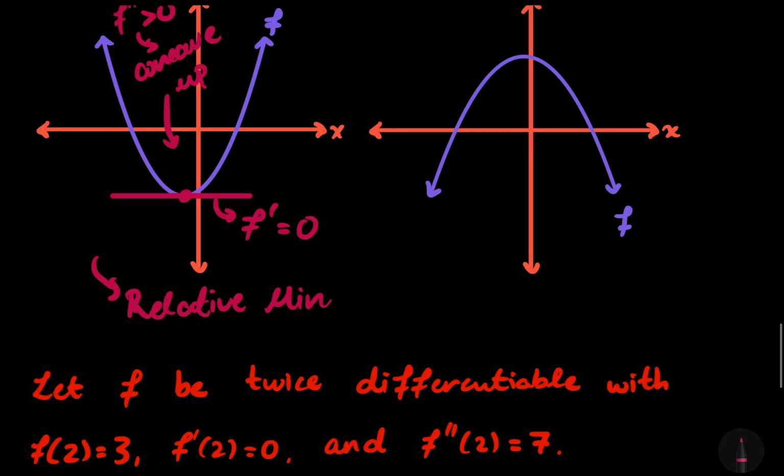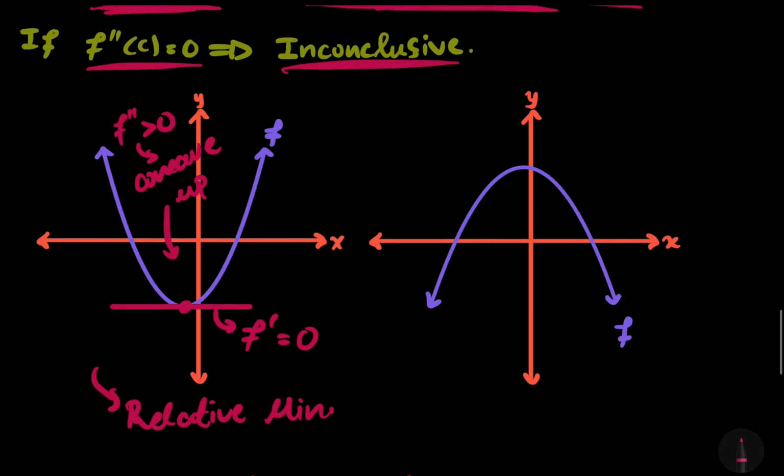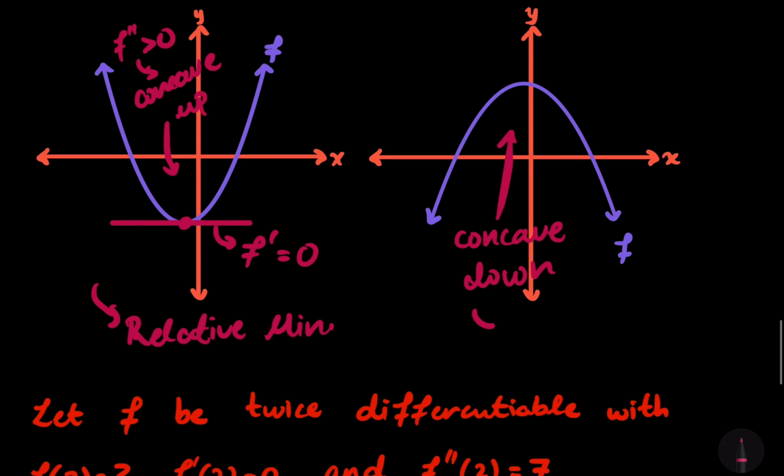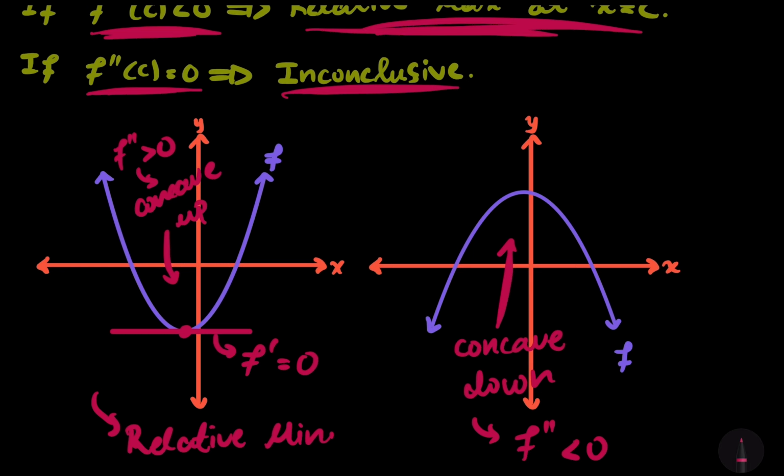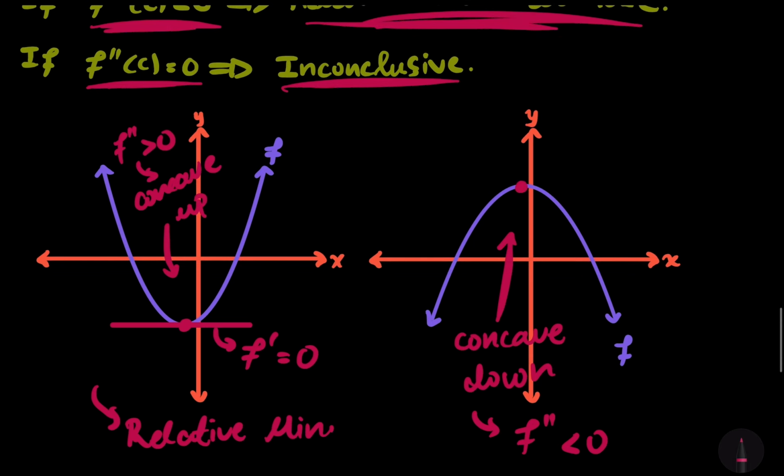And then over here, if we look at this other example, here we are concave down, right? Because our graph is opening downwards. We previously established that whenever we're concave down, our second derivative is going to be less than 0, right? Our second derivative is negative. And not only that, if we pick this point over here, this looks to be a critical point.